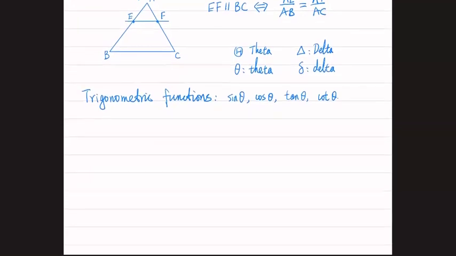Okay, so initially, these functions are defined, for the first two, they're defined, maybe let's start with all of them. Okay, so in this case, we can use the right triangle to define these functions.